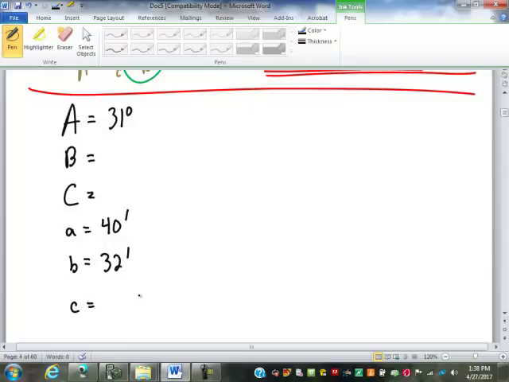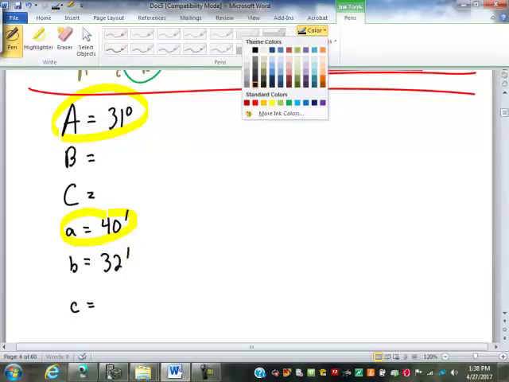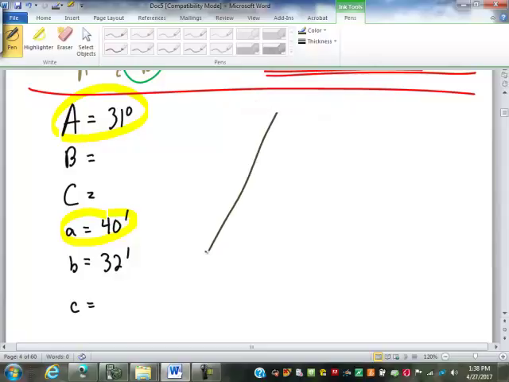Say no. Absolutely not. Why are there no issues here? You got it. This is the side that is opposite our angle, and it's larger than the other side. So in that case, there is only one possible way to draw this triangle.